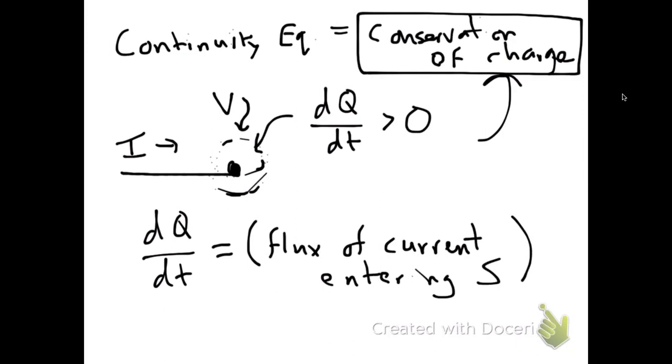What does that mean in equation form? Well, we have some surface integral that we have to do. So we're going to have an integral something dot dA over that surface. How do we know how much charge per unit area is entering per unit time? That's a current density. In particular, it's the volume current density.